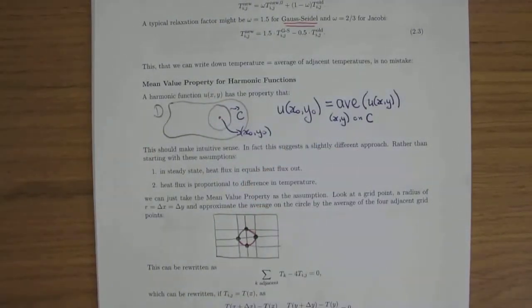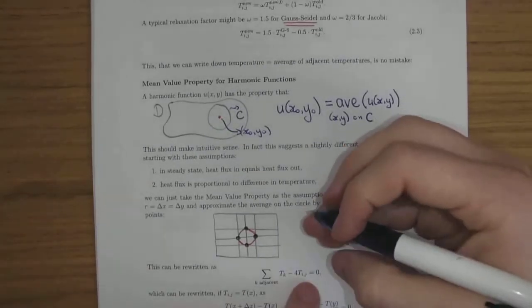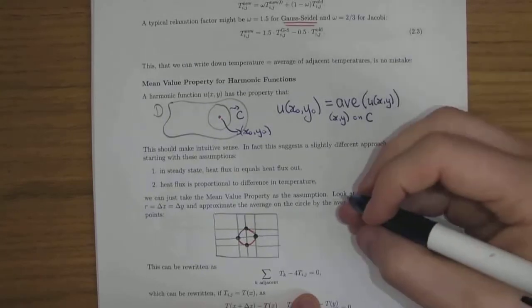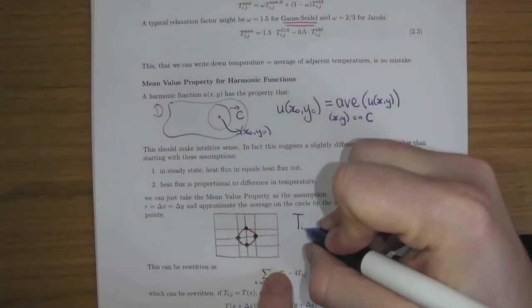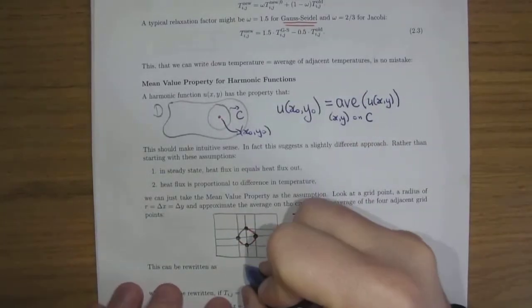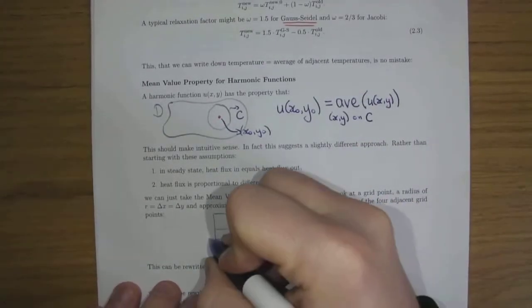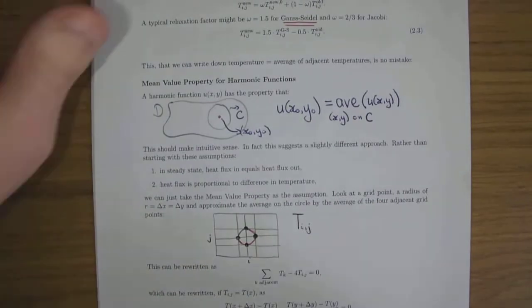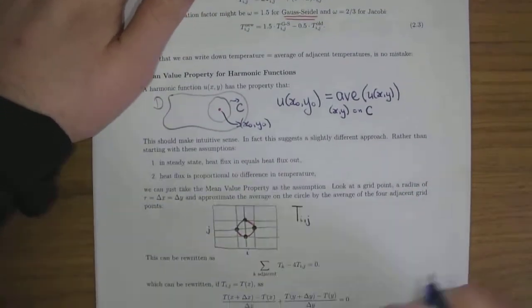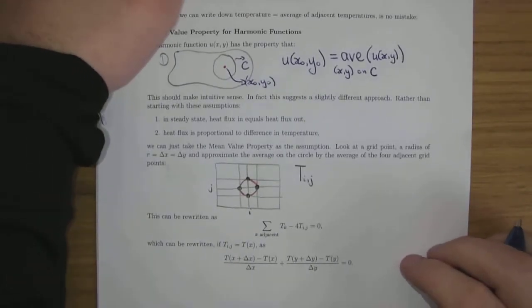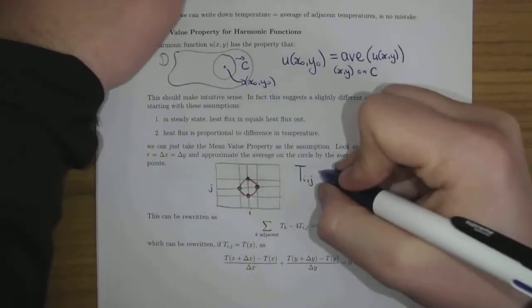And so you'd say something like the temperature, we're going to call it Tij. So let's say this is i delta x along the x, and this is j delta y. The temperature at the middle is the average of all the temperatures on the red circle, but let's just take 4 of those infinitely many points.